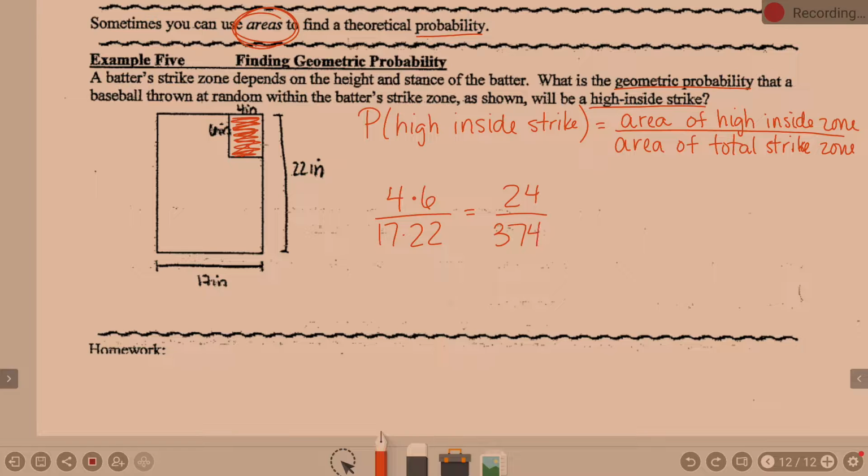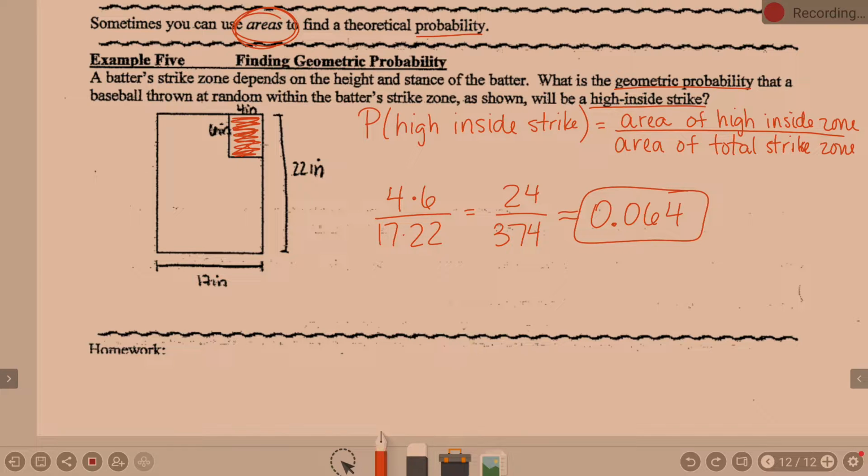Now, technically that's going to reduce, but go for the decimal. What is this? 3 decimal places. 0. Point what? 0.064.